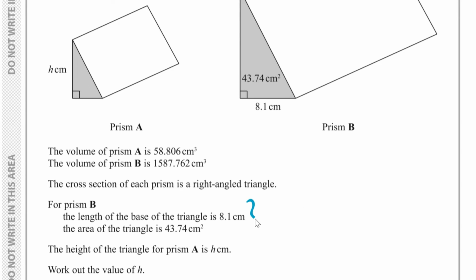Well, what we can do from here is find out what the height of prism B is. We've got 1/2 times 8.1 times its height, we'll call that HB, and this is equal to 43.74. And from this, we can find out what the height of B is.